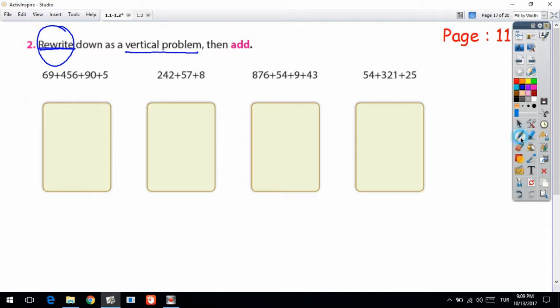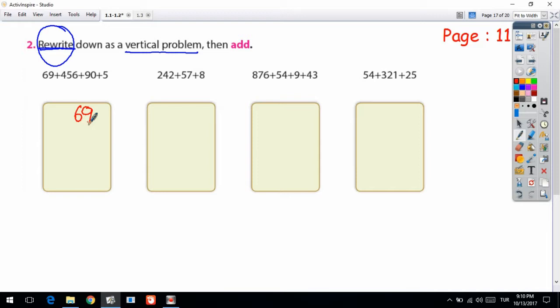Now let's continue to the first question. 69 adds 456 and 90 and 5. There are four numbers to add. Okay, let's write first 69. When I write the second number, don't forget we have a rule. The ones digit must come under the other. The tens digit must come under the other.